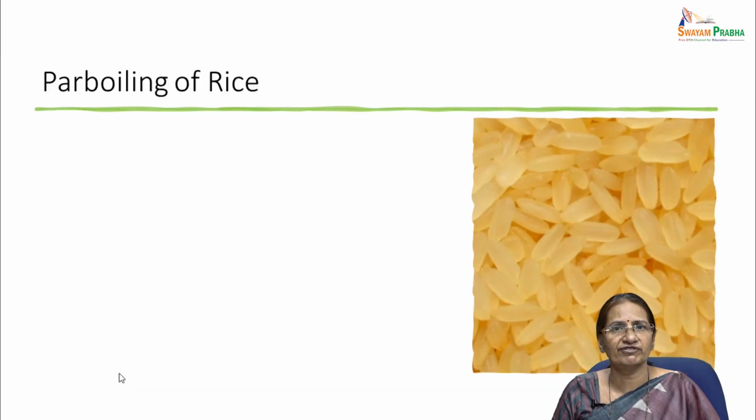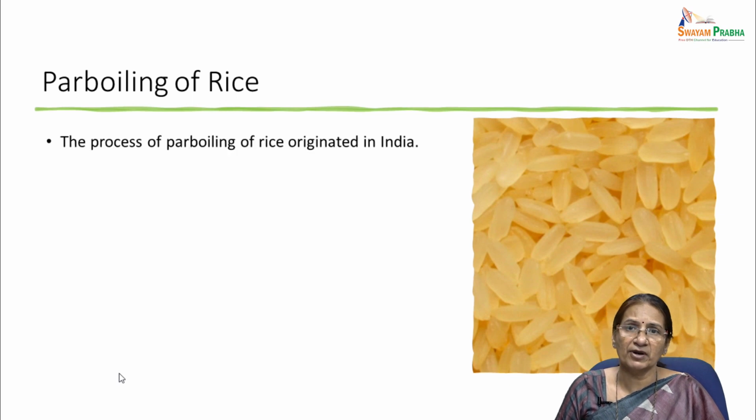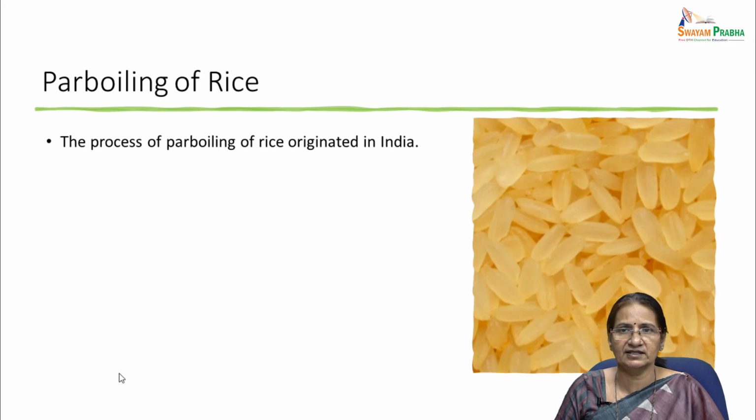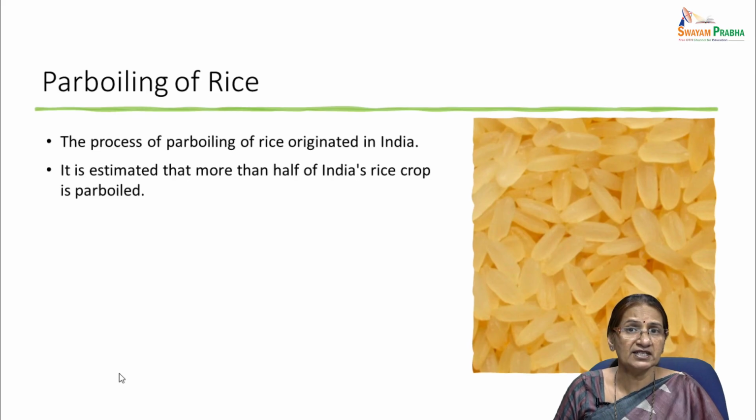Now, parboiling of rice. The process of parboiling of rice originated in India and has been widely practiced in this country since ancient times. It is estimated that more than half of India's rice crop is parboiled.